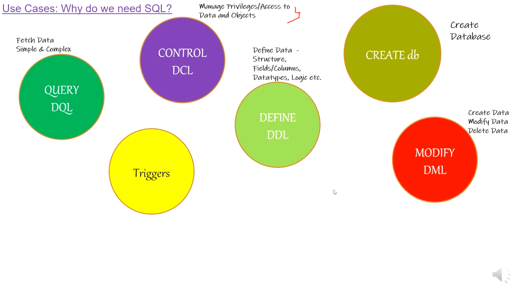The next use case is triggers. Now triggers are basically programs that are tied to a table, a database table, and to an event, and basically triggered by an event. So they can be triggered before the event or after the event. I think we also touched upon these triggers in one of our earlier lectures.